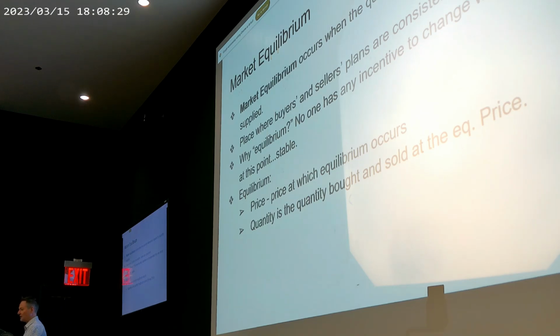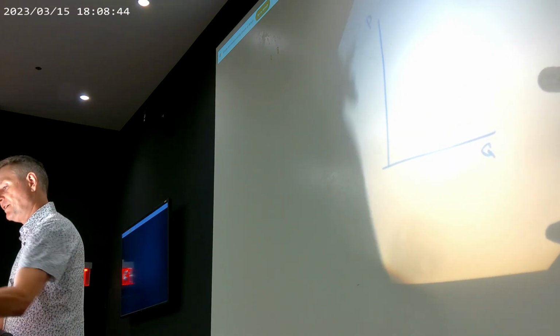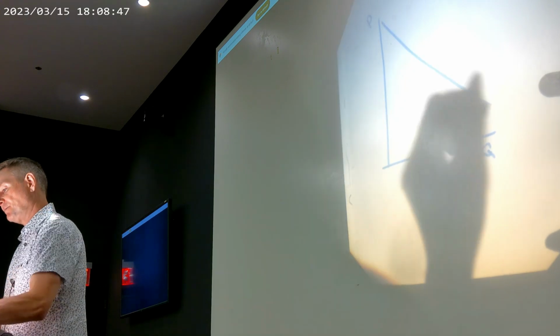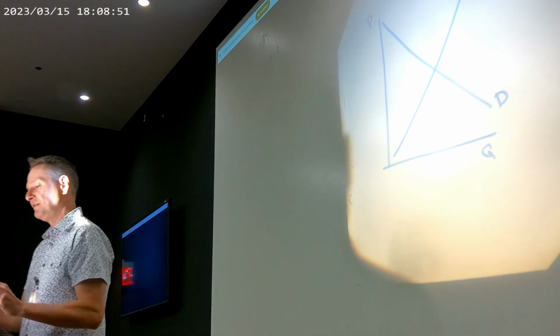The other thing I'll say about it, I'll reserve this. I'll draw it up there in a second, and you can see how it looks. Okay, so here we have quantity and price. I'll draw my demand function in, right? I'll draw my supply function in, right?